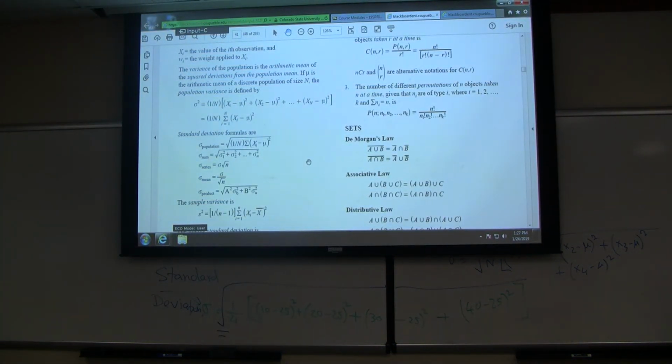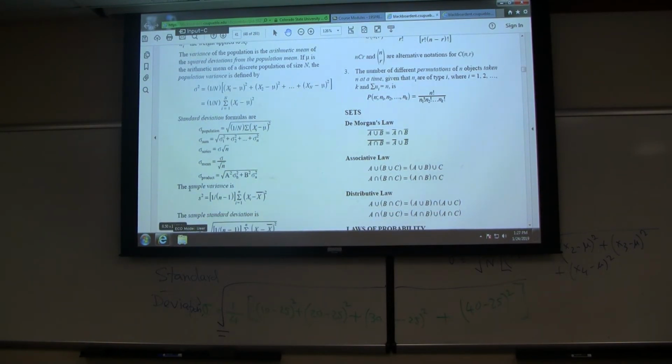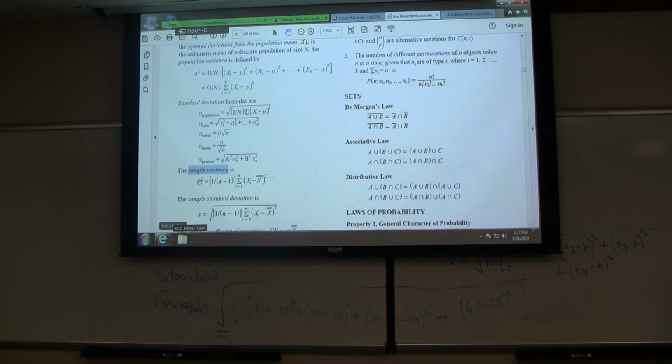Okay, similarly, I think that now you can determine all of these, even sample variance. Population variance, same thing. The only difference is that this n means my sample size, the population size, whatever the number of data is.